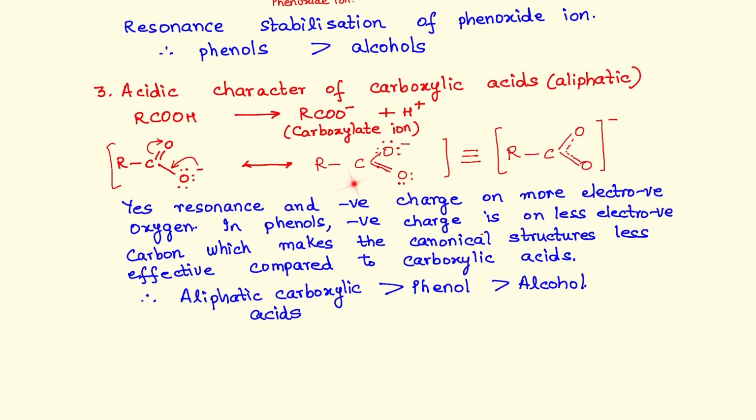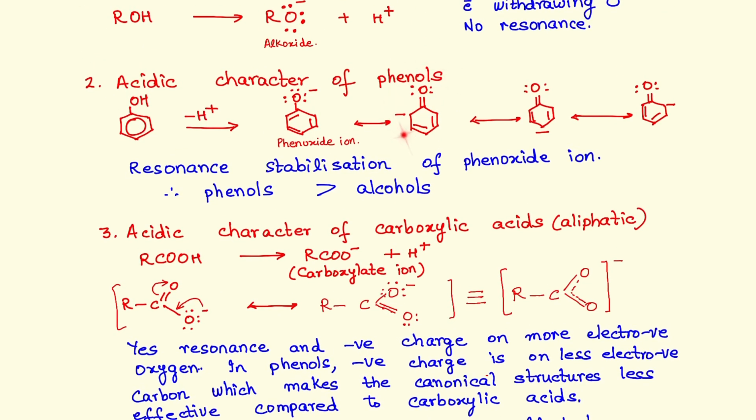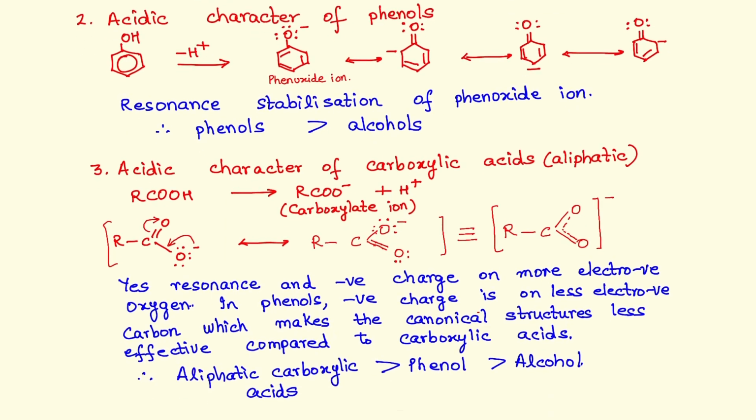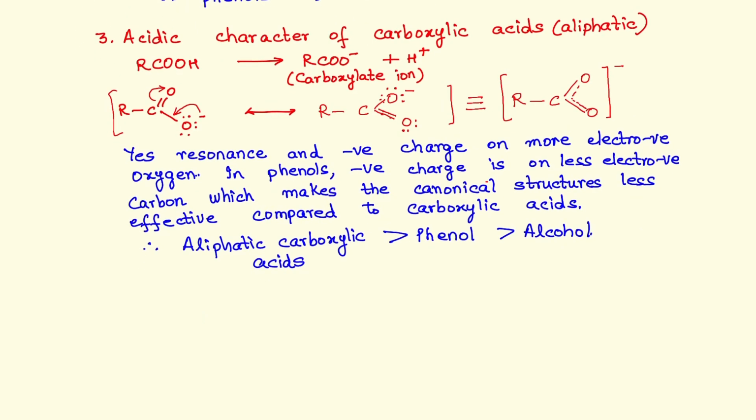Why? Because in the case of phenols, the negative charge is on the less electronegative carbon in 3 of the canonical structures, whereas in the case of carboxylate ion, the negative charge is on the more electronegative oxygen.